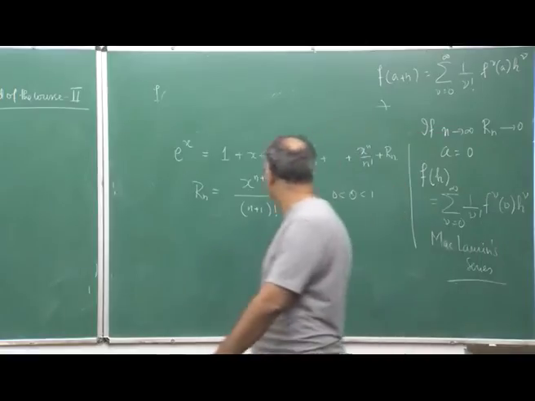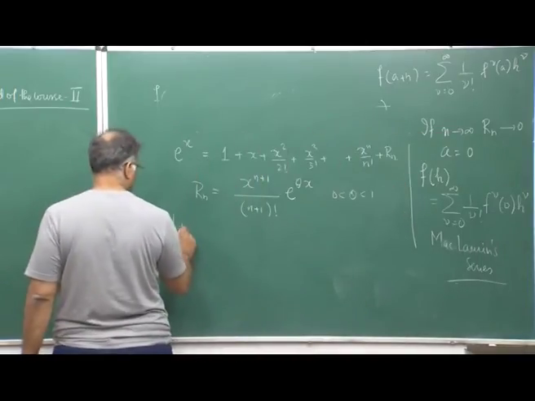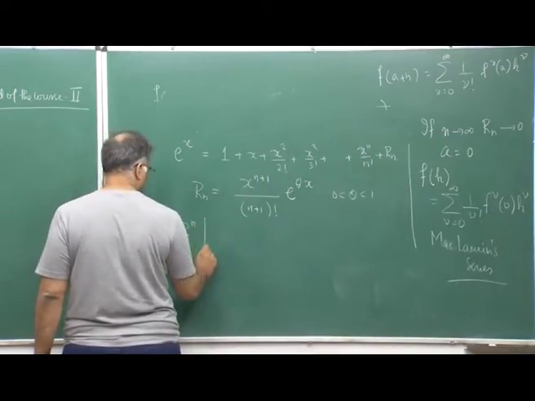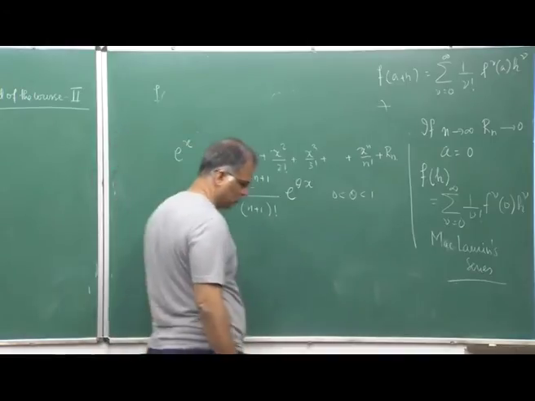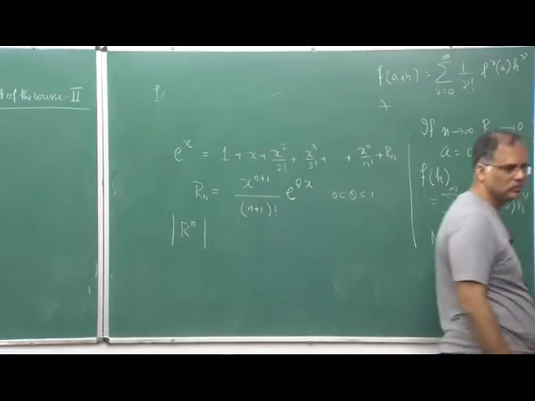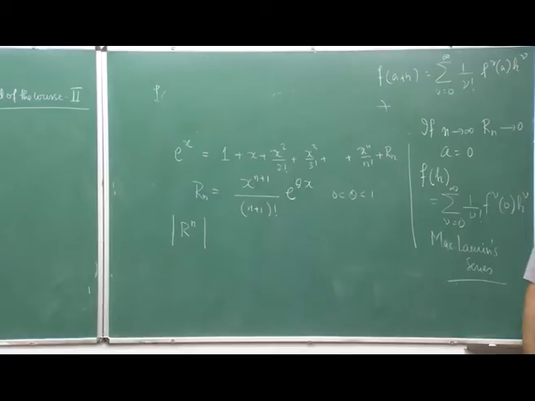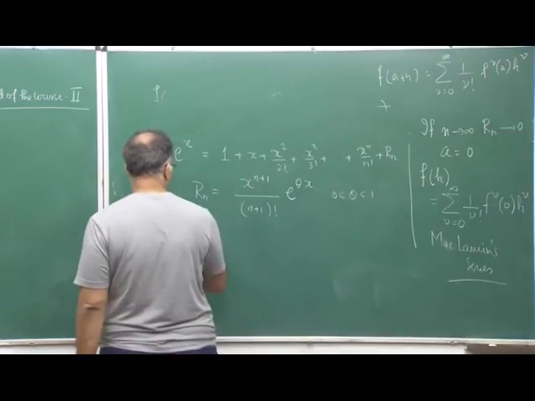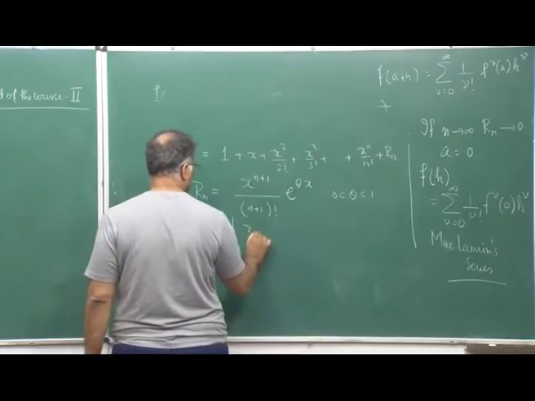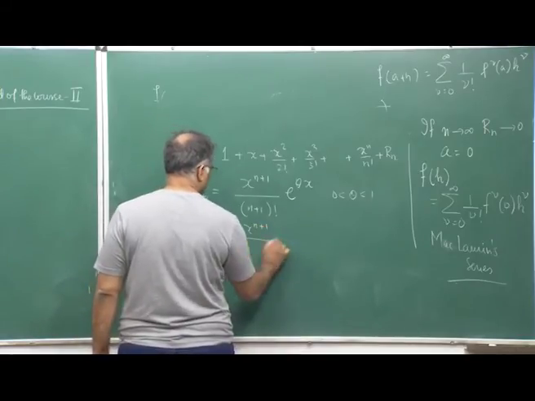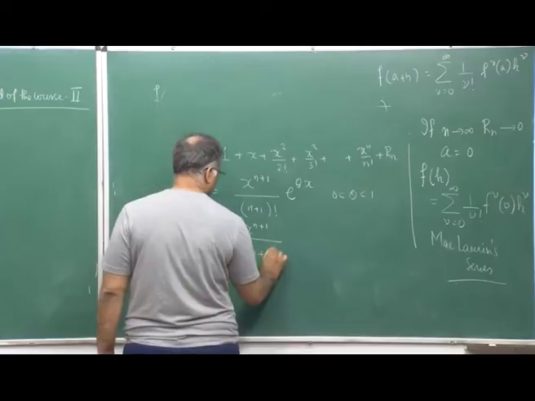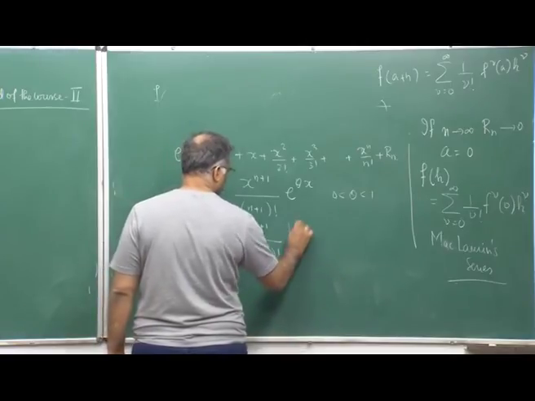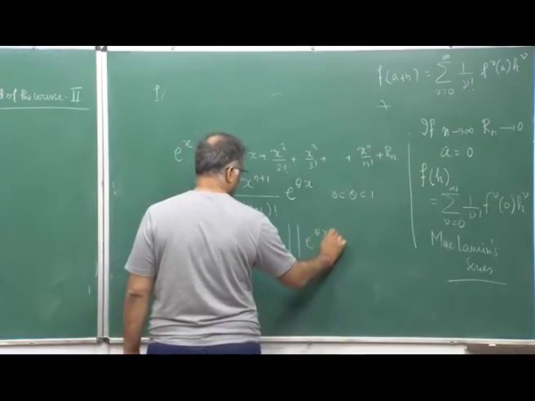So, let us look at this. Mod R_n is equal to mod of x^(n+1) by n plus 1 factorial times mod e to the power theta x.